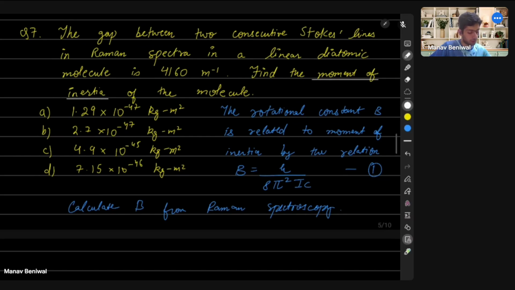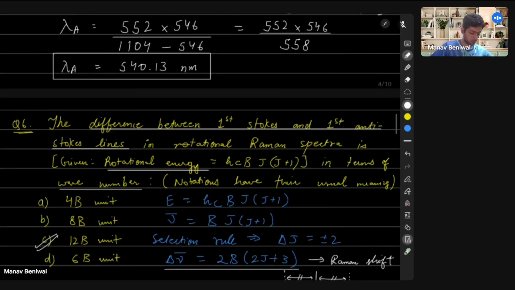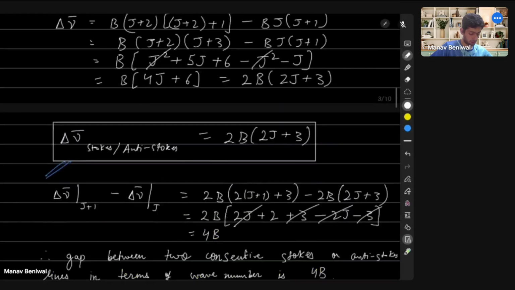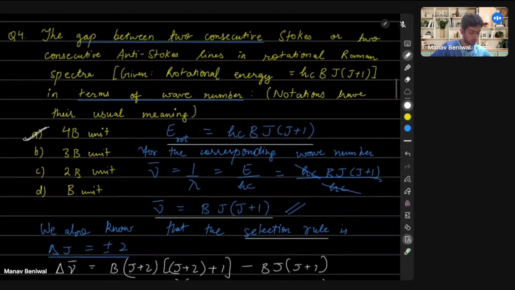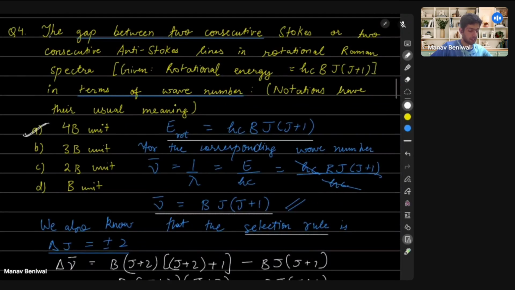Now what is given? We are given that the gap between two consecutive Stokes lines is this much. Now this sounds familiar. In question number 4 we said that the gap between two consecutive Stokes or anti-Stokes lines is equal to 4b units, right? So we do not need to solve this again.